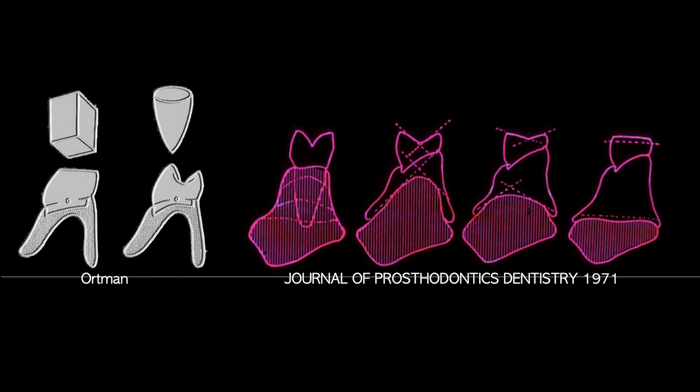The reason we have many different occlusion schemes for removable prosthesis was well published in 1971. After a patient loses teeth, the alveolar residual ridge will continue to resorb, and depending on the time that has passed, the residual ridge becomes more flattened, and depending on the shape, the resistance to lateral forces will be different.